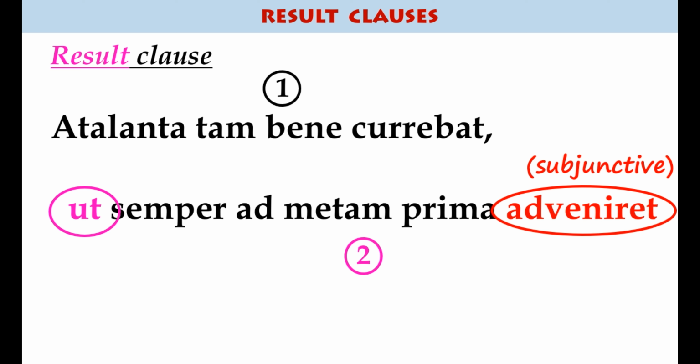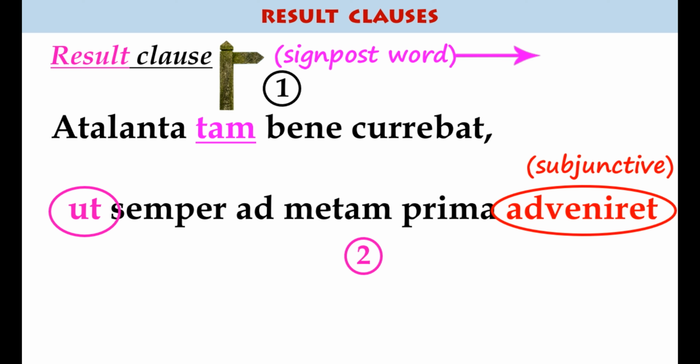But in result clauses, there is a third element to spot, and that's the key to spotting if you've got a result clause in front of you or not. And that's in the first half of the sentence. It's this little word here, tam. And tam is what we call a signpost word. The reason it's called a signpost word is because it points forward.